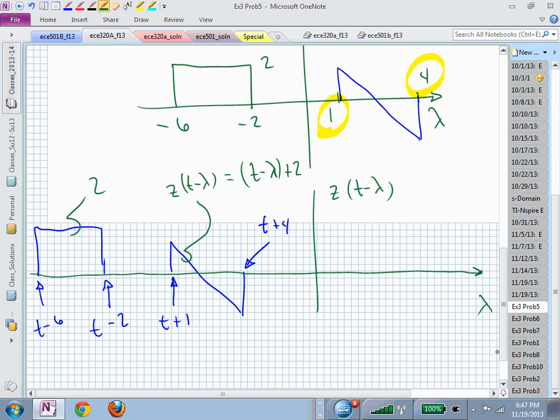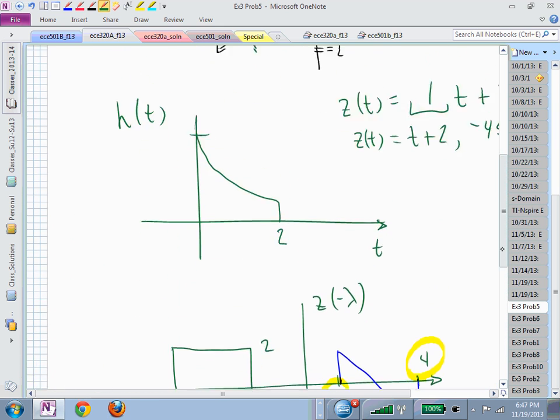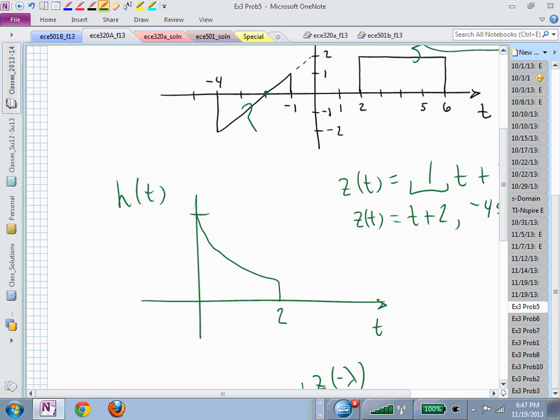I just need to push it to the left, but I want to push it to the left so that it gets outside of wherever my impulse response is starting. In this case, I didn't even have an impulse response for this question. So I'm adding on to this particular question, above and beyond the original question on this test.